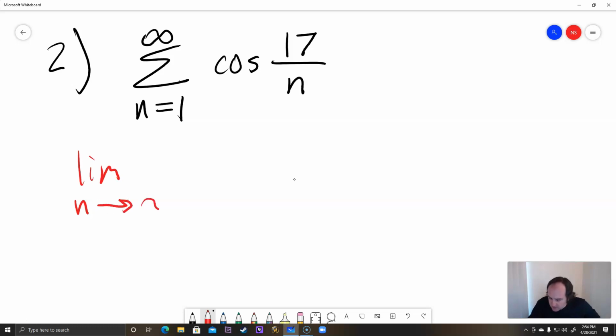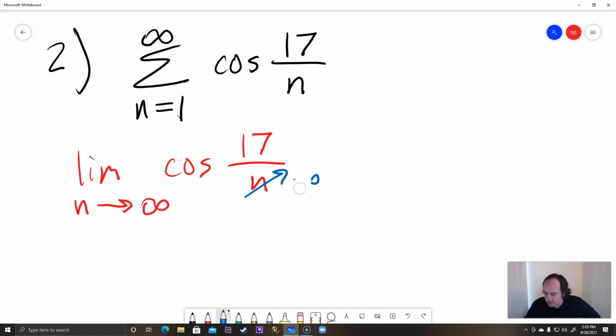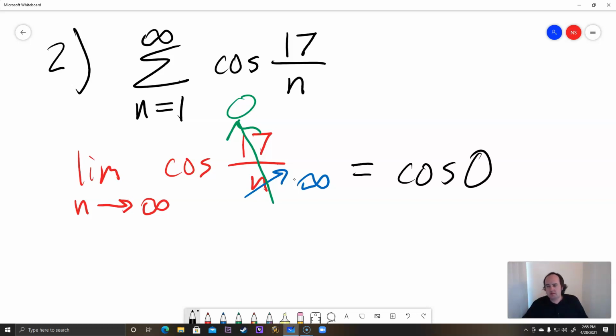So we're taking the limit as n goes to infinity of cosine of 17 over n. What's going to happen here? Well, the denominator is going to go to infinity, but the numerator is fixed. So inside the cosine, this whole thing is going to go to 0. So really what we have here is cosine of 0. And what's cosine of 0? Well, at 0, you're on the positive x-axis on the unit circle, and the x-coordinate there is 1. So cosine of 0 is 1.